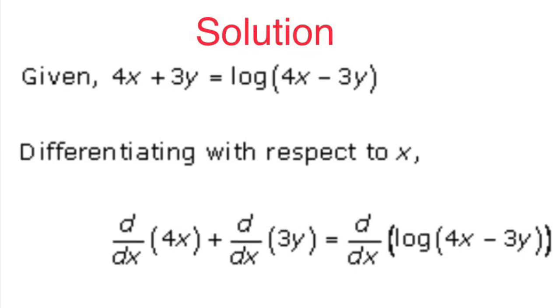So the given function is 4x plus 3y equals log of 4x minus 3y. Now we are going to differentiate both sides with respect to x. So in the left hand side we'll get d upon dx of 4x plus d upon dx of 3y, and in the right hand side we'll get d upon dx of log of 4x minus 3y.